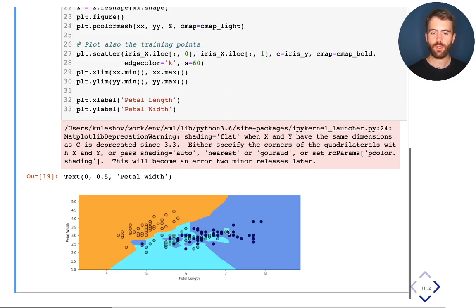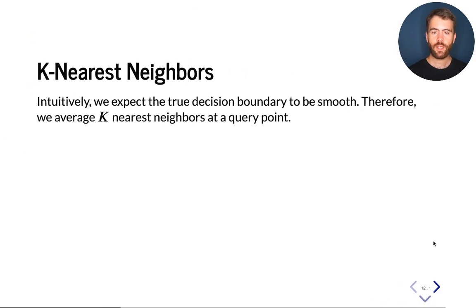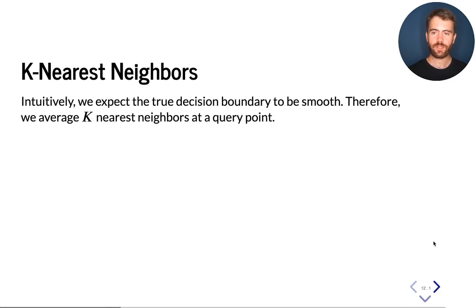So this irregularity and non-smoothness intuitively seems like a bad property, and we would like to fix this issue with our decision boundaries. And the way that we're going to fix them is by extending our algorithm to something called K-Nearest Neighbors. K-Nearest Neighbors is the version of nearest neighbors that is actually important and has a lot of practical uses.